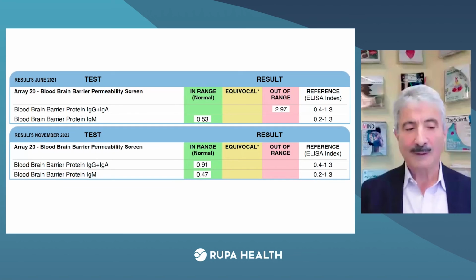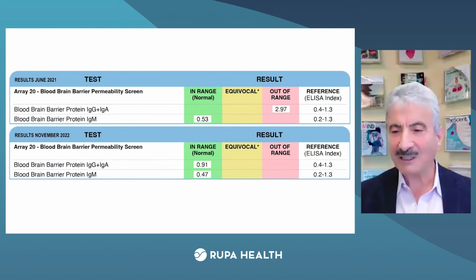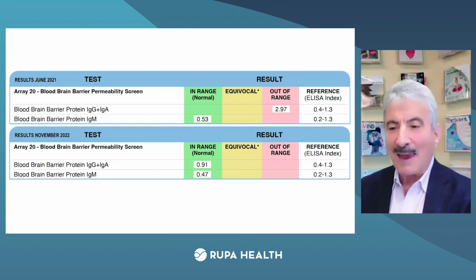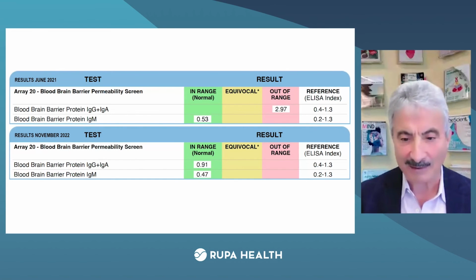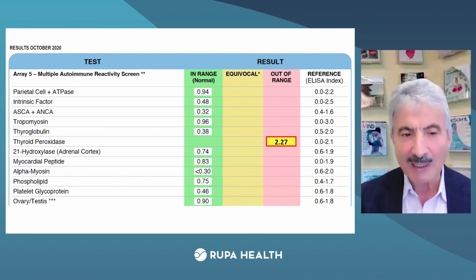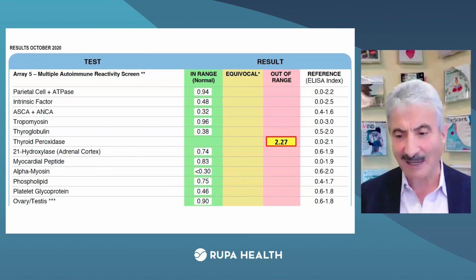Furthermore, when he did Array 20, the first test, June 2021, was highly abnormal. After treating for leaky gut, the blood-brain barrier was also repaired, and therefore the antibodies against the blood-brain barrier went back to normal. Doing the multiple autoimmune reactivity screen, please look specifically at the thyroid peroxidase antibody.